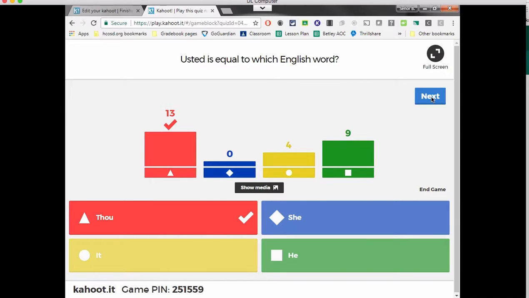So, thou also means you in English, right? But it's like really a lot more formal. We would only use it nowadays in English with royalty. And since we don't have any royalty in the United States, we don't use it. So, they still use it in Spanish. But that's kind of what it's all about.